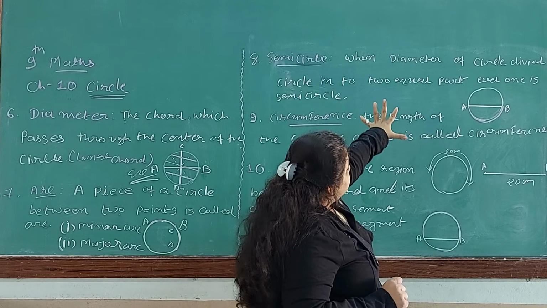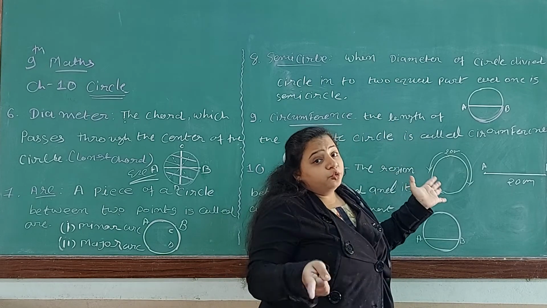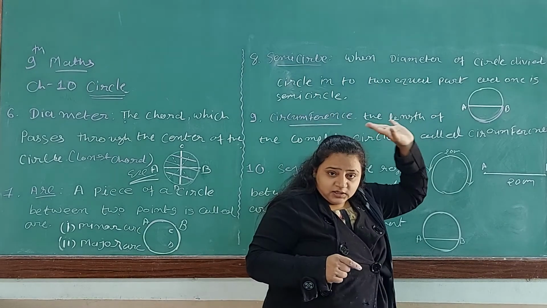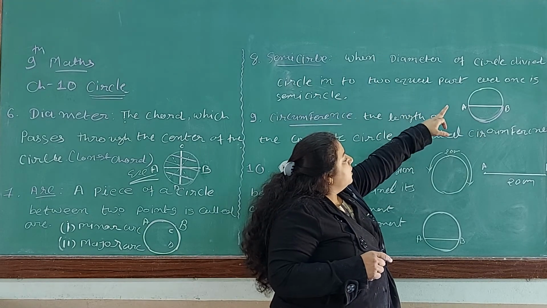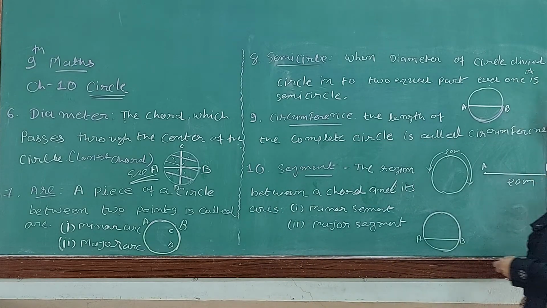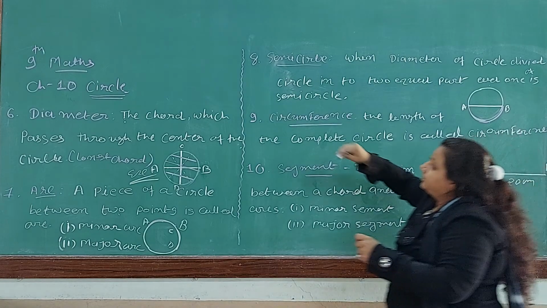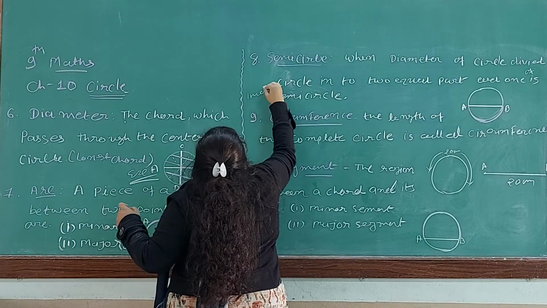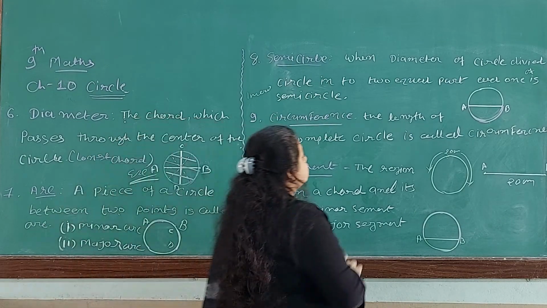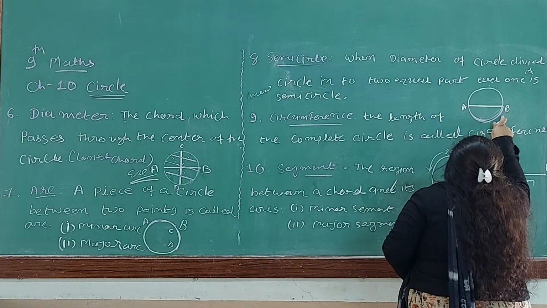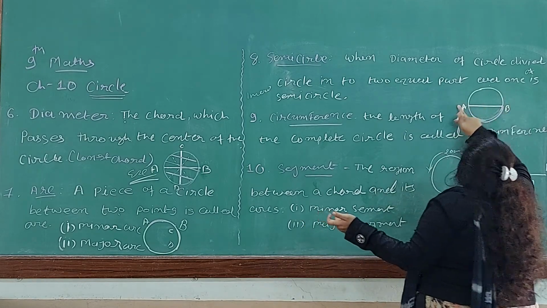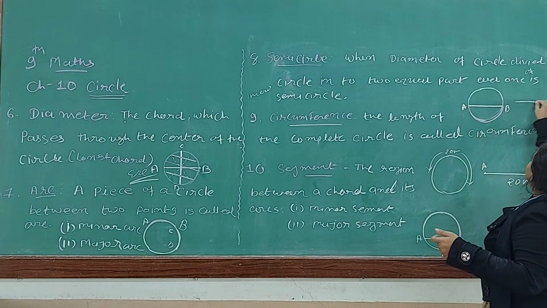If the diameter divides the circle into two equal parts, each one of them is known as a semicircle.